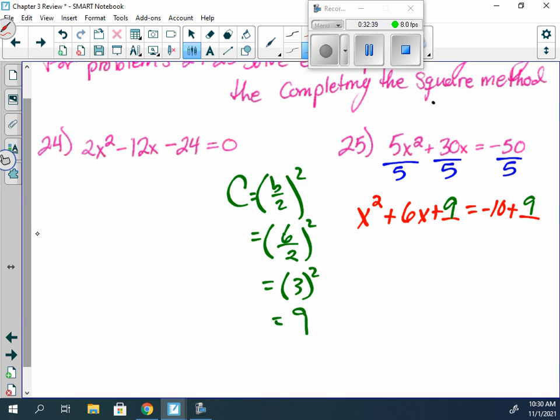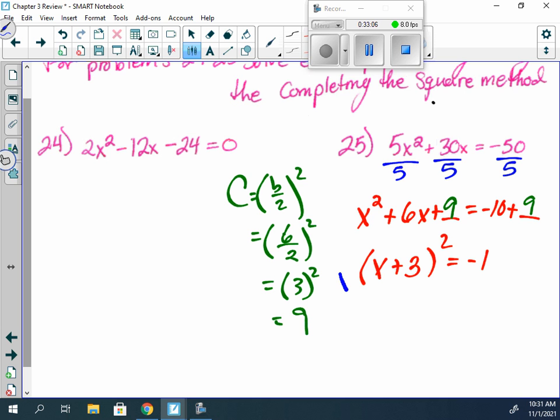Because when we rewrite it as a set of parentheses squared, it would be x plus 3. Because we needed the 9 to know what to add to both sides. And it would be x plus 3, because x plus 3 squared is x squared plus 6x plus 9. Now on the other side, we'll have negative 10 plus 9, which is negative 1.